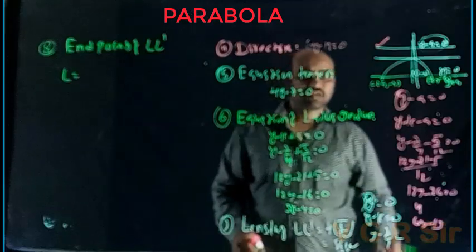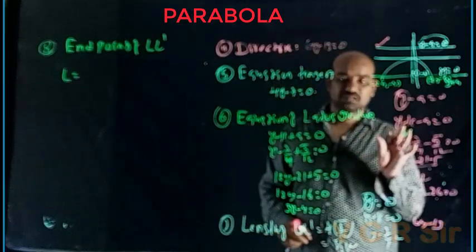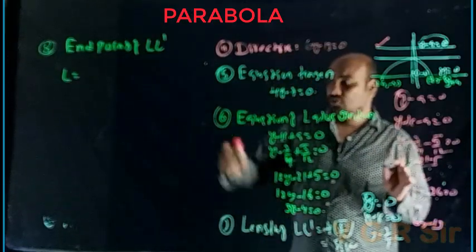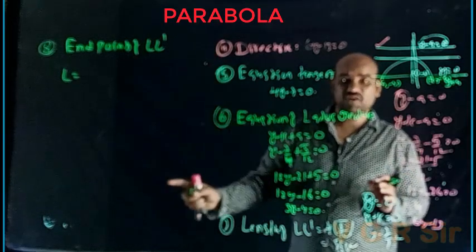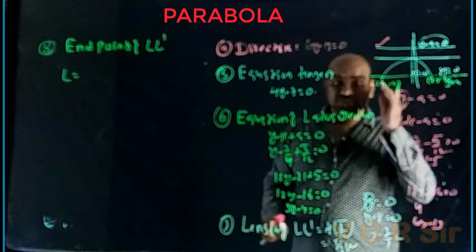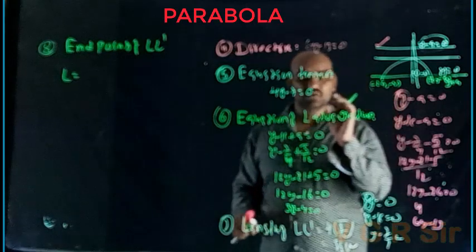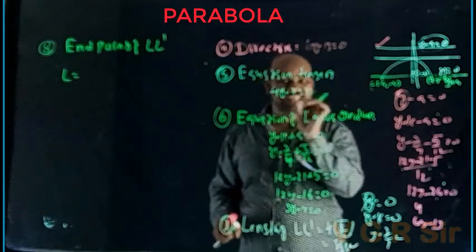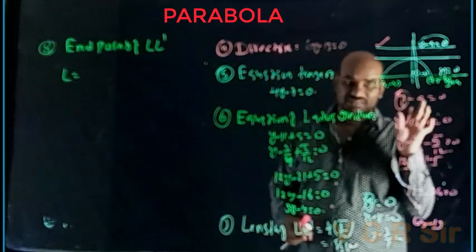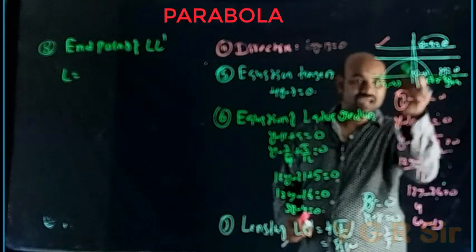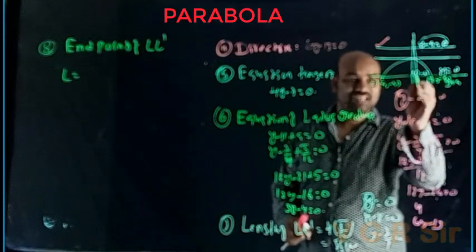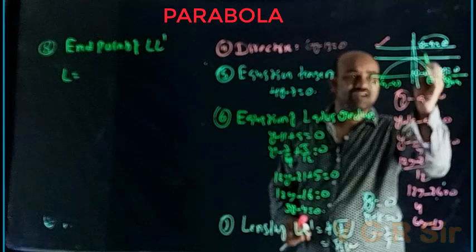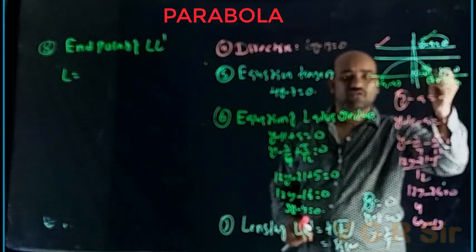Okay students, my sincere advice. Please don't memorize the results. Don't memorize all the 4 standard form results. No need. Just using their basic graphs, you can write everything. Just using the basic graph only, I am finding all. This is 0 comma minus a and y minus a equal to 0. These two are enough. Focus and directrix are enough.